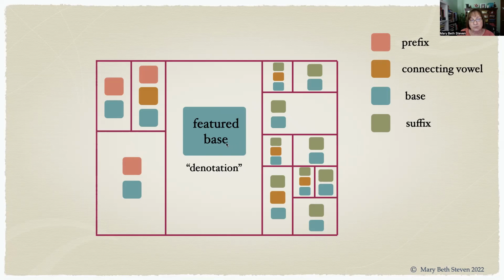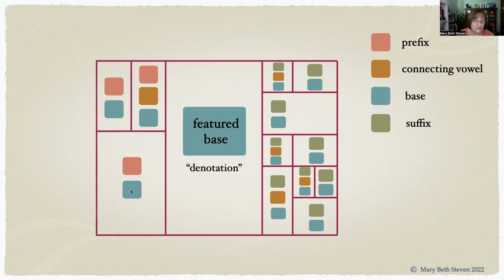But look, there's blue boxes in every cell on this matrix. All that means is it's possible for a base to be in any of these cells because it could form a compound word, right? So we might take this blue, put another base here, add it to this one, and be able to create a compound word.